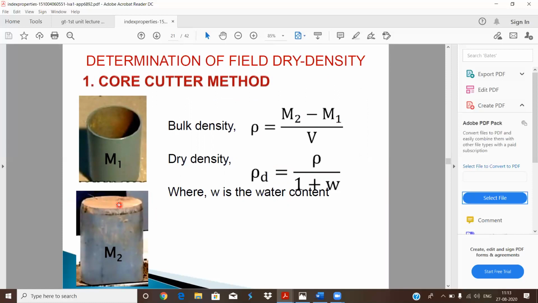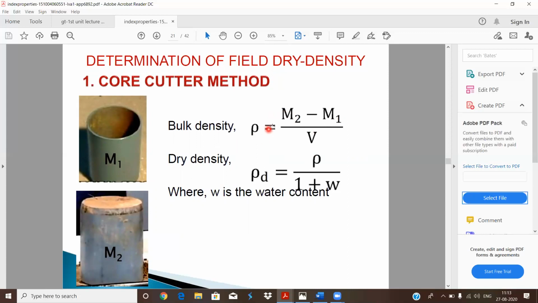Initially we find the weight of the core cutter, which is m1, and then the weight with the soil, which is m2. Density is equal to mass by volume. The mass of the soil is m2 minus m1.